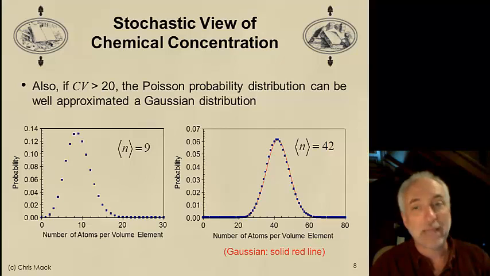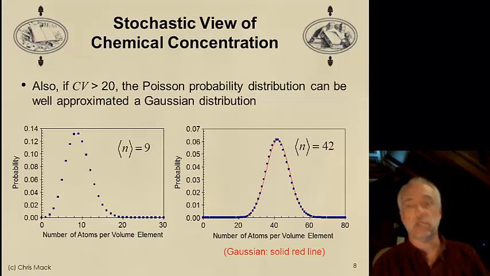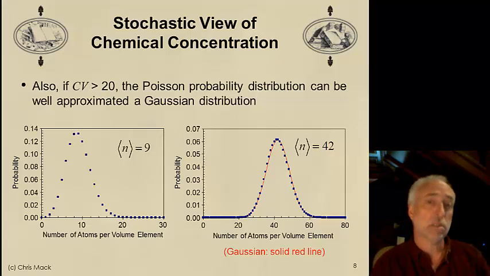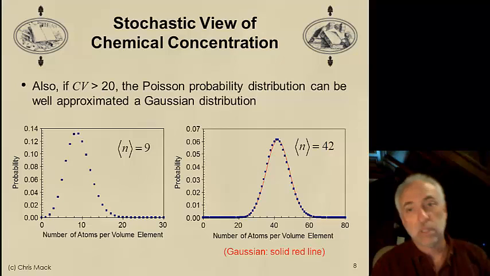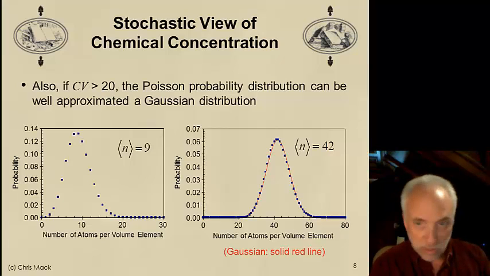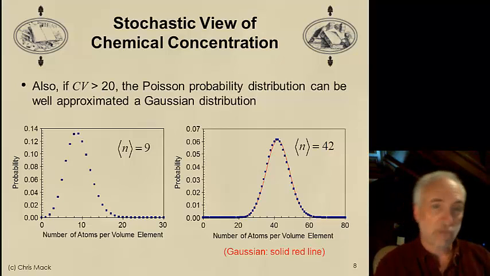And you can see it matches very, very closely with the Poisson distribution. Not exactly, but close enough for most applications. So often we can approximate something like a Poisson distribution with a Gaussian. This is something called the central limit theorem, when the number gets large enough.